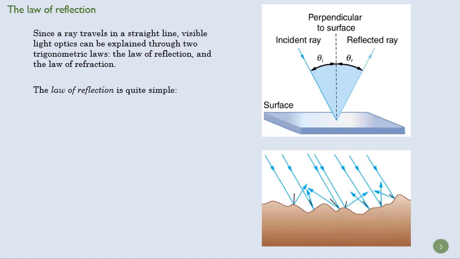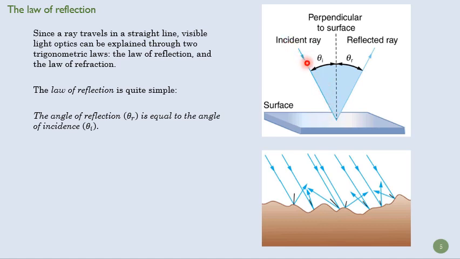The law of reflection is really quite simple, and I think it's pretty intuitive too. If light bounces off a surface, the angle of reflection is equal to the angle of incidence. So what do those terms mean?